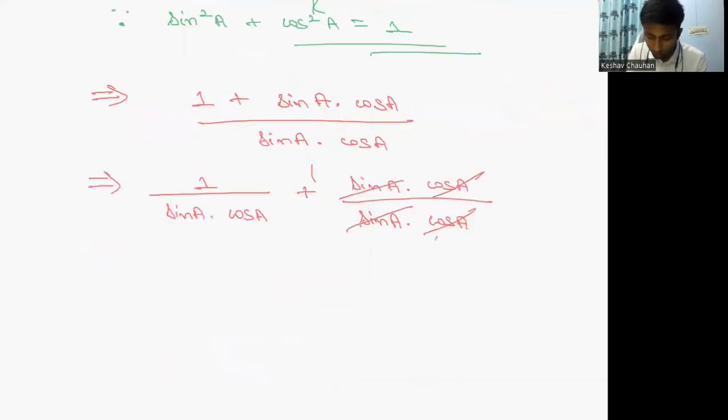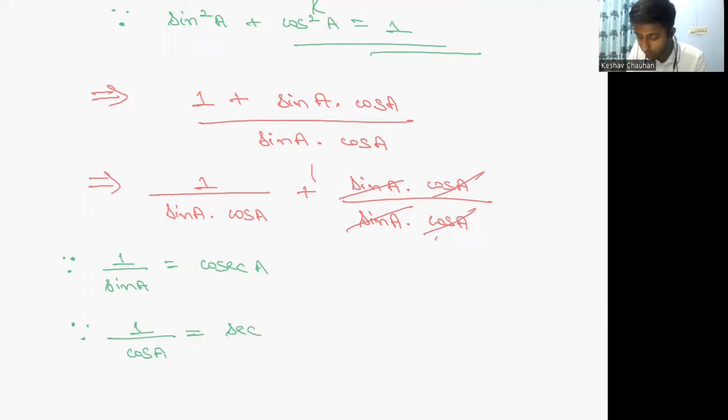And we know one more thing. We have also read that 1 upon sin A is equal to cosec A. Also 1 upon cos A is equal to sec A. Now we'll put both of these values here and here.